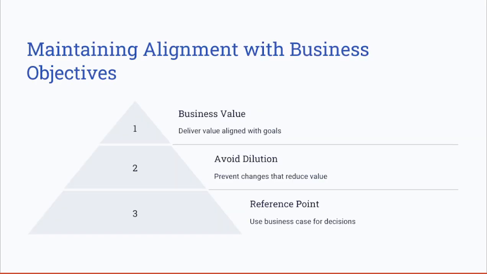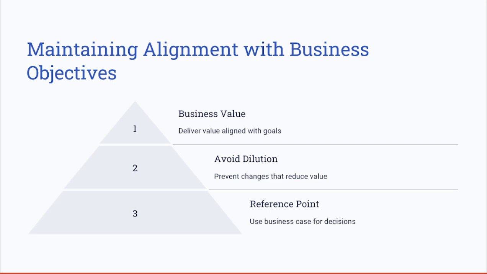Maintaining alignment with business objectives is one of the important concepts when you are dealing with scope changes or scope control issues. Projects should not only stay within the scope itself, but also align with business priorities.